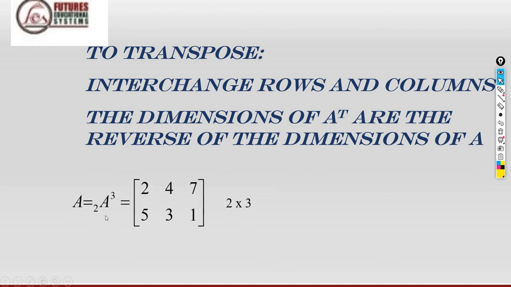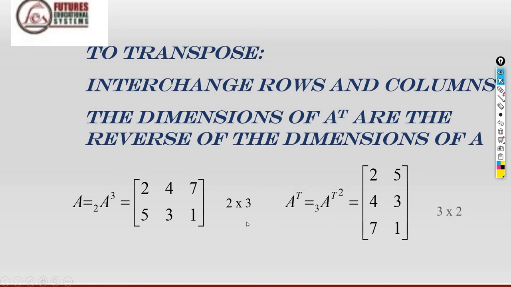If we have matrix A in order 2 by 3, to convert to A transpose gives me a matrix in order 3 by 2. The first row 2, 4, 7 converts to the first column, and the second row converts to the second column. The basic matrix is in order 2 by 3, and the transpose is in order 3 by 2.